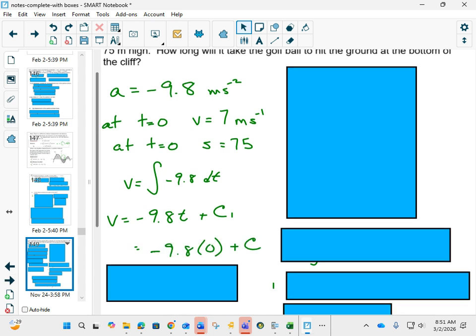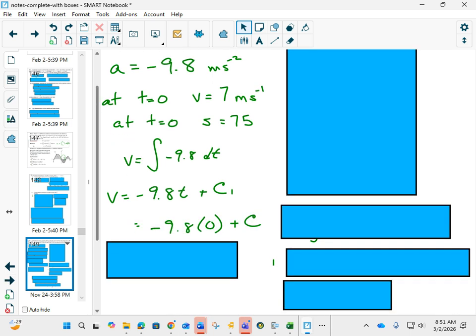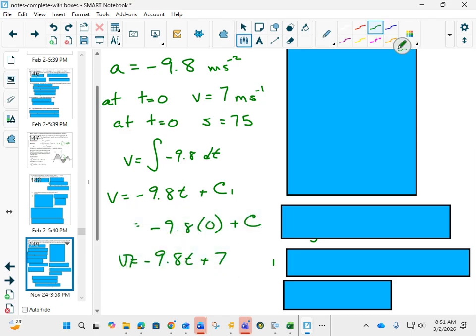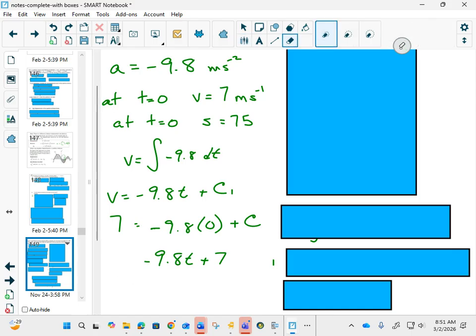I plug in my initial condition, which should have a 7 here. And we have our equation for our velocity.